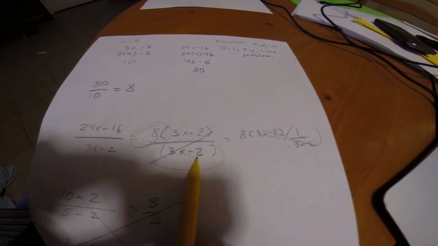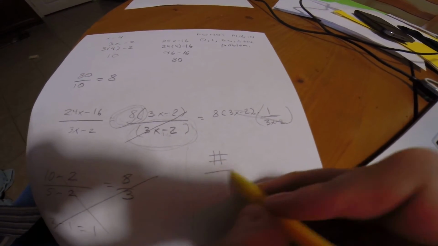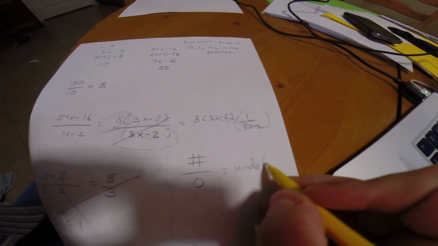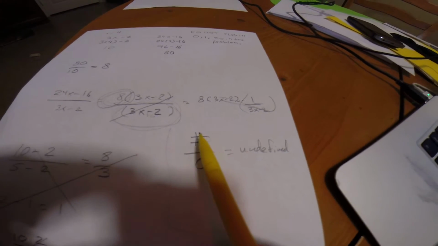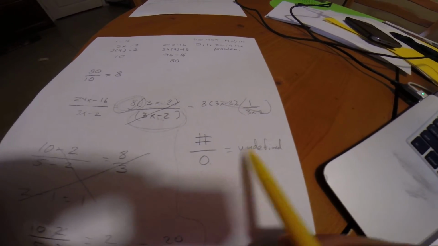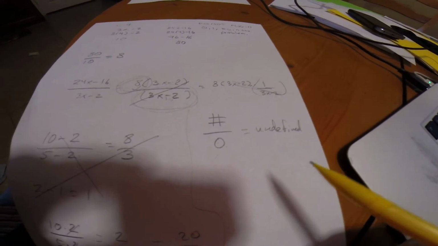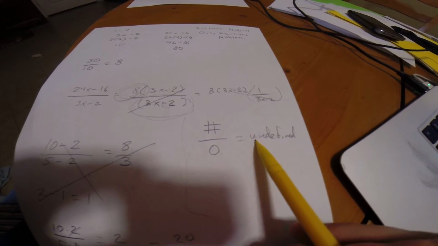Because if I have 0 in the denominator, you cannot divide by 0. Any number over 0 is undefined. Well, that's not 100% true, but for the most part, almost any number divided by 0 is undefined. If you have 0 over 0, it's actually called indeterminate. But almost any number divided by 0 is undefined.